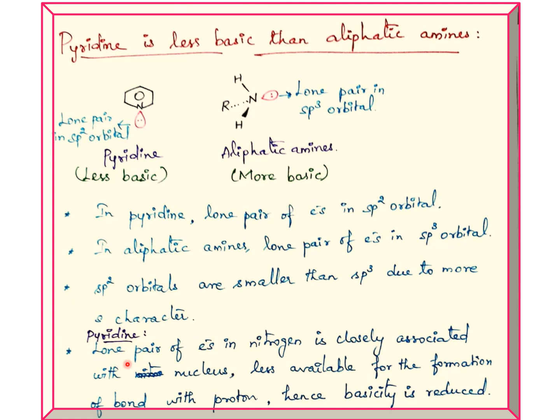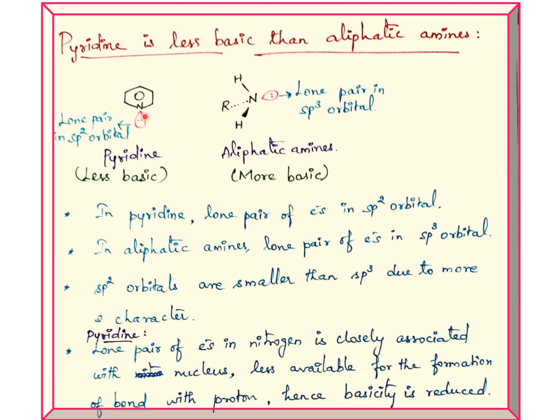Because in pyridine, the lone pair of electrons on nitrogen is closely associated with the molecule because it is smaller in size, and it is less available for the formation of a bond with the proton. Already we had seen that it can react with the proton.